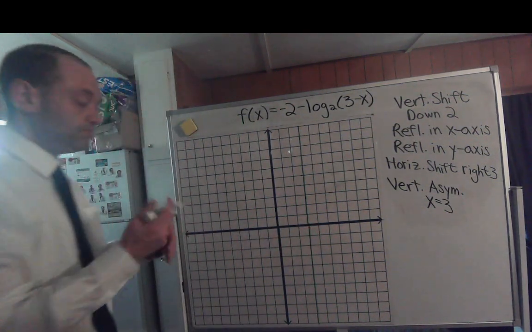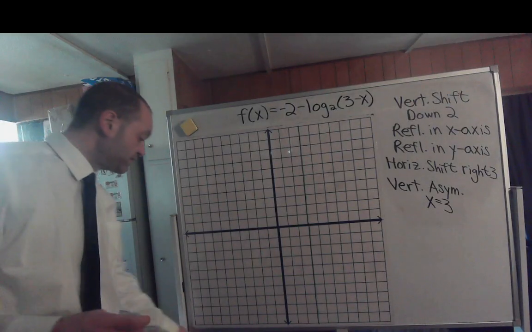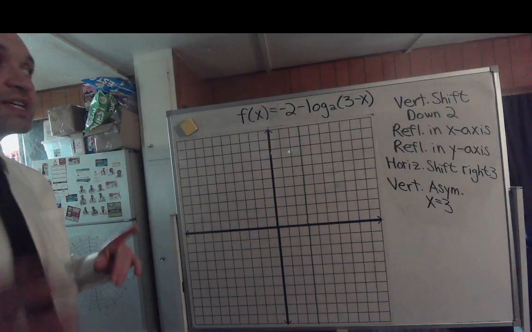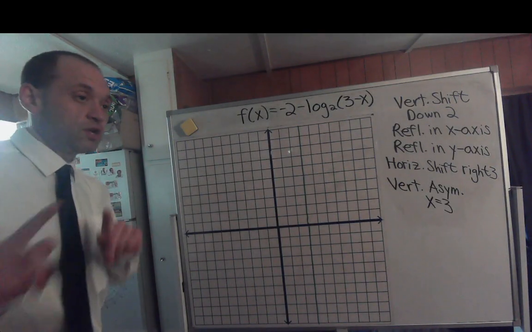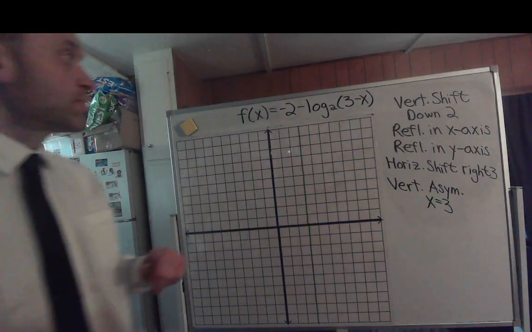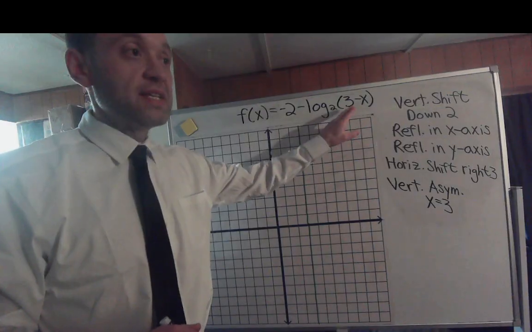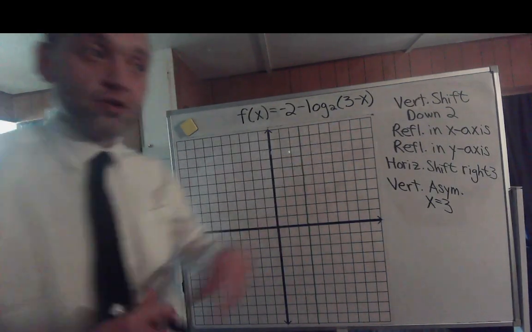Alright, now, everything else is fair game. Another thing we have to consider is the domain. So here's the thing. 3 minus x has to be greater than 0, right?